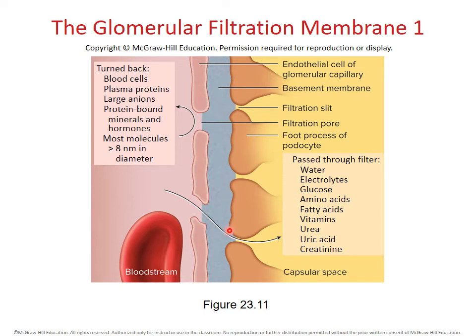Then a shared basement membrane that anchors the 2 epithelial layers to each other. And then on the capsular side, of course, as we said, the inner lining of the capsule, which consists again of the podocytes with their foot processes, or pedicels, interlocking with one another.